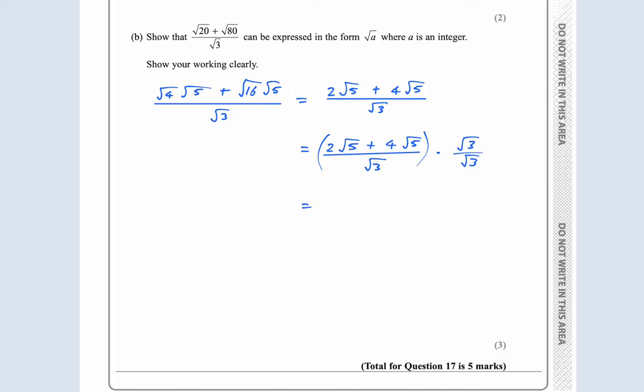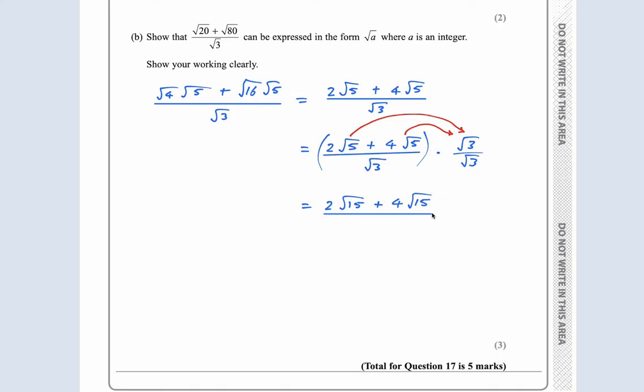So I have to expand this, guys, the long way. I have to do this times this plus this times this, and then the denominator times the denominator. So 2 root 5 times root 3 is equal to 2 root 15. Notice, guys, root 5 times root 3 is root 15. Plus 4 root 5 times root 3 is 4 root 15. 5 times 3 is 15.